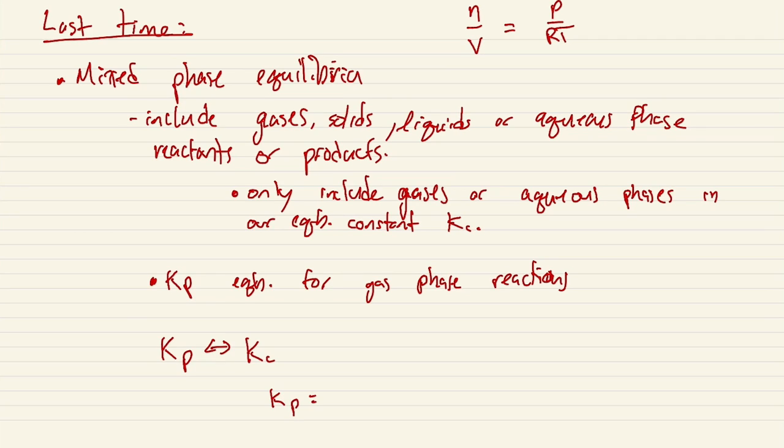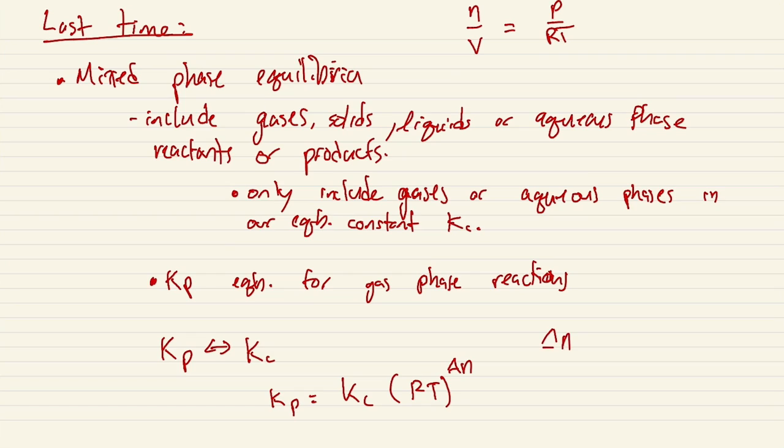So Kp was equal to Kc, and then we had this extra factor of the ideal gas constant times the temperature, and the exponent was delta n. This tells us that the equilibrium is affected by the difference in moles between the products and the reactants. Delta n was what?